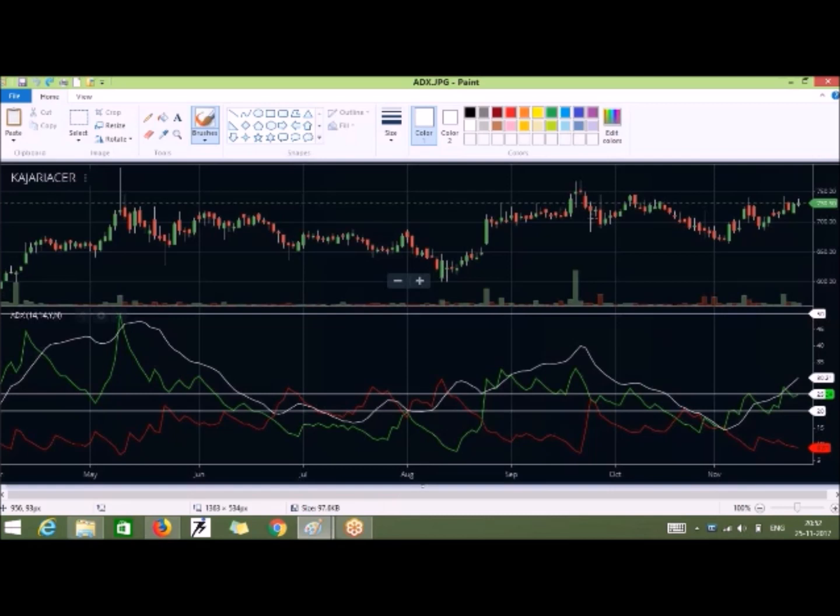In that earlier case, it was range bound and it moved to a trend, and the other way around, suppose we take this one, it's not happening clearly over here, but still it can be taken like this. In this period ADX was above 25 and it traveled below 25, and this period was almost 25 to 30 candles.